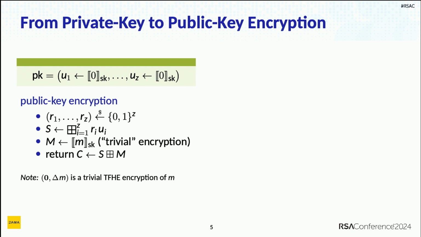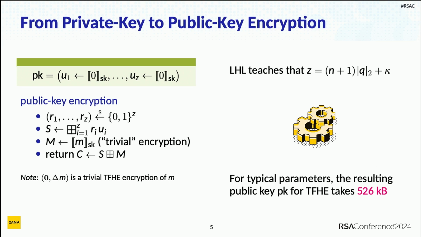Again, this is very fast. The drawback is that this is very large. If you look at the size of Z here, the larger the value of Z is, the better the security is, but it also increases the running time. And the minimal value we have for Z is this, given by the leftover hash lemma.